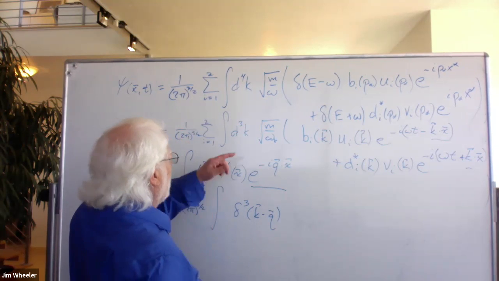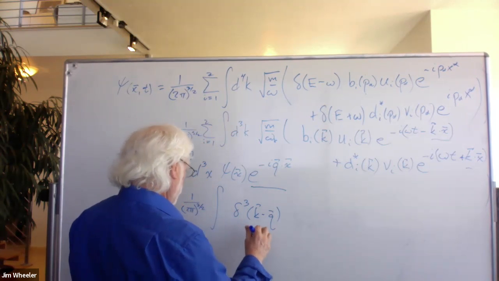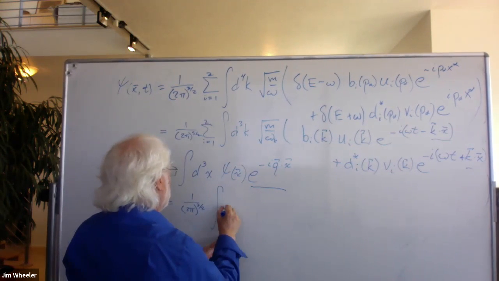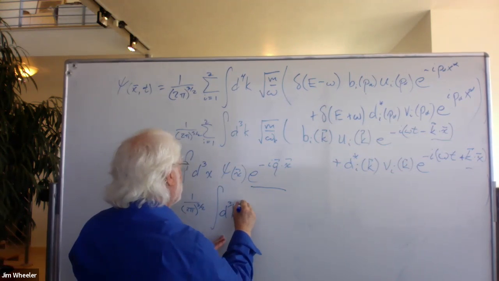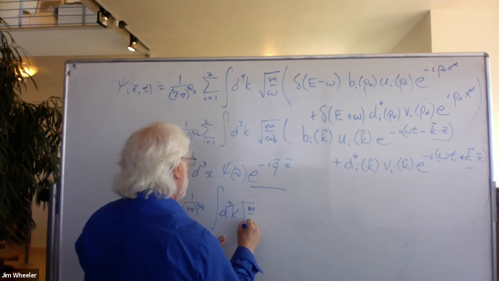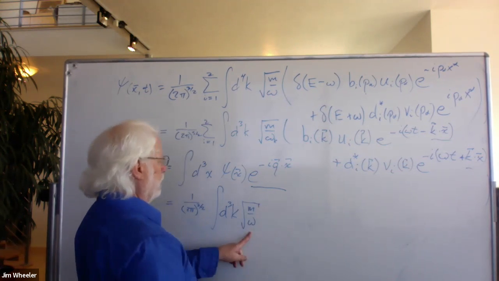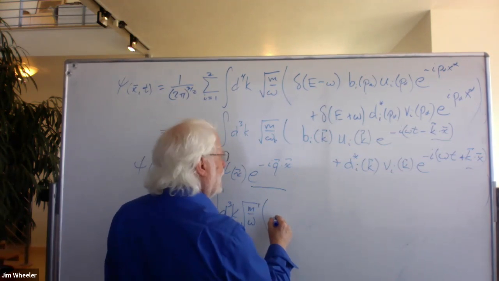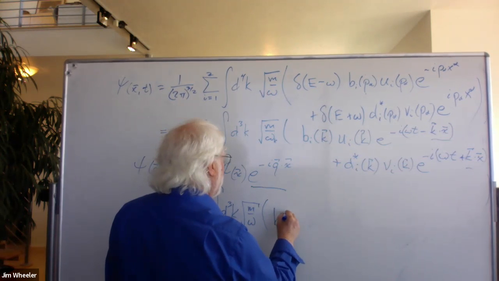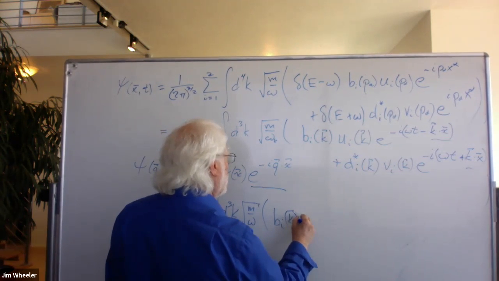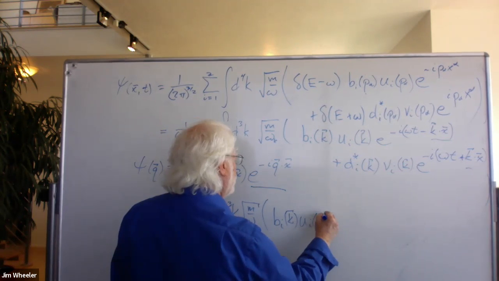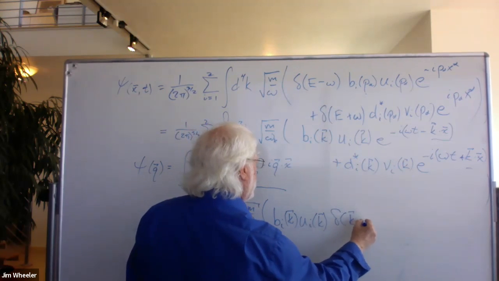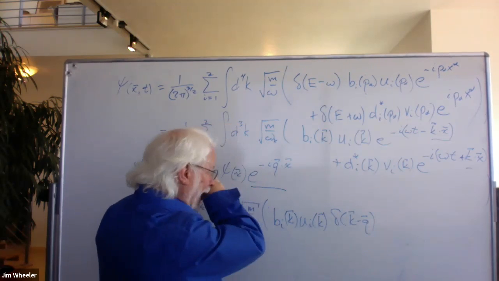All right, and then let's see. Let me put in the d3k and the normalization here, m over omega, and now everywhere omega depends on k. So we have b_i of k, u_i of k, and now we're going to get a delta of k minus q here.